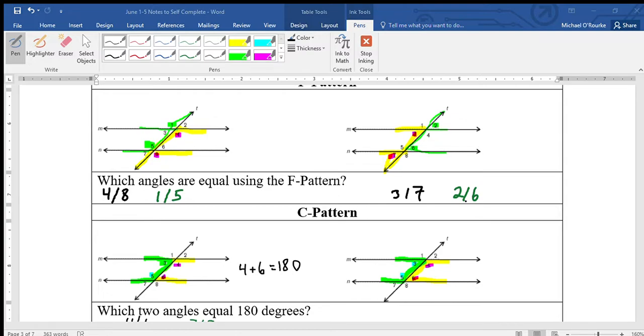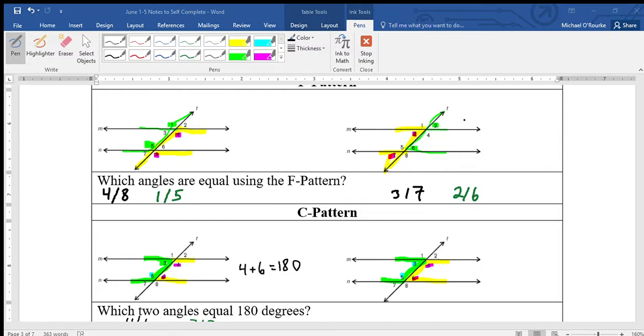So what pattern do you think you're going to work over here? I'm not very good at hiding it, so yes, it is another Z going the other way. So X equals 45, Z pattern.